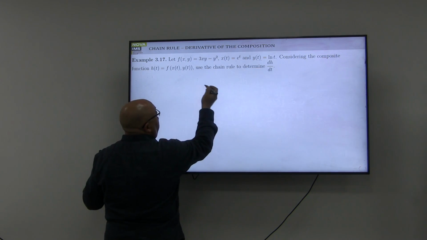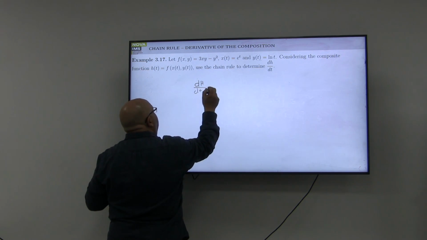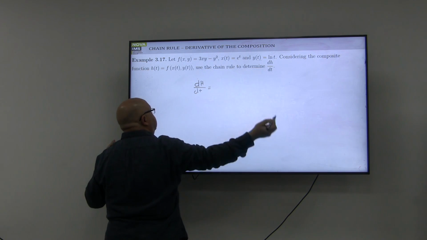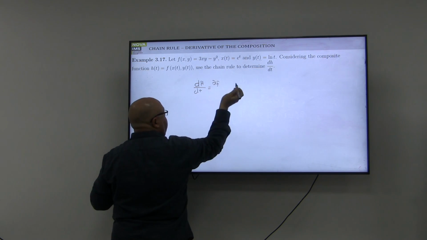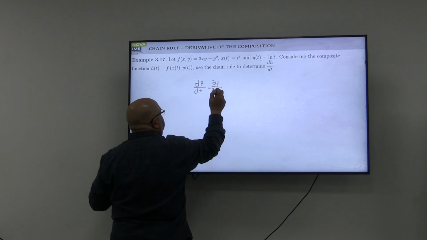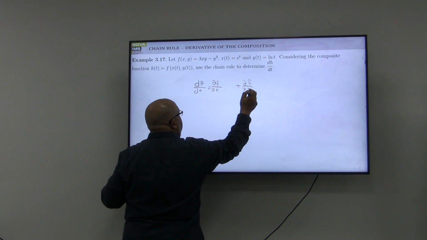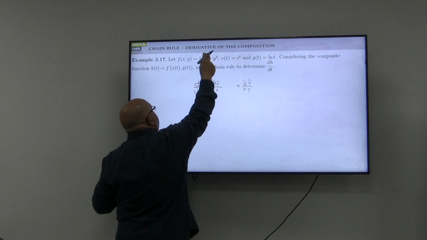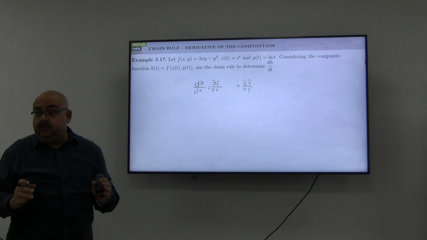So if I want to have dh by dt, I will have first to differentiate h with respect to its main variables. So it's going to be partial f, or partial h, it's the same, partial x plus partial f partial y. This part will come from the first component of your function.